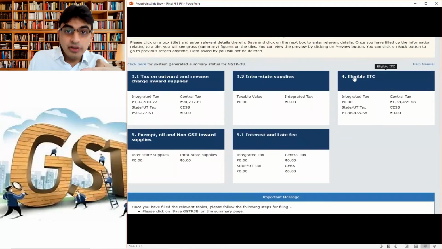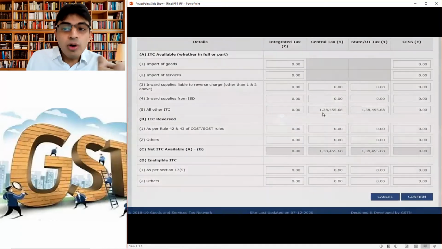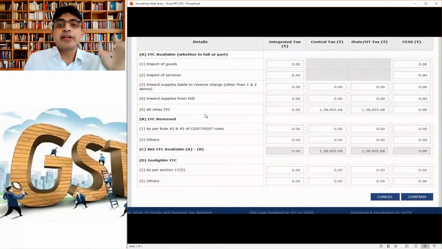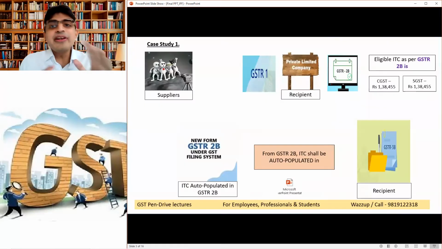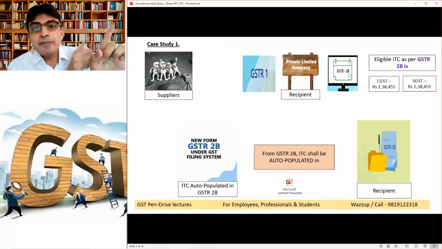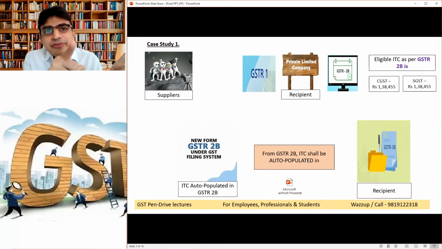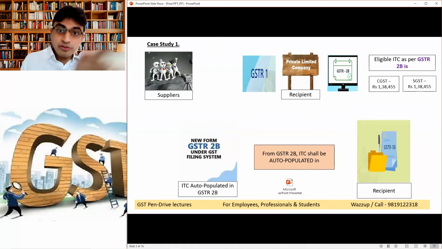You can see this is also getting auto-populated. 138,455 and 138,455. So all details are getting auto-populated. From the suppliers' GSTR1, you can verify in your GSTR2B. And from GSTR2B, it will auto-populate in your 3B. Again, you can verify. So this is how the flow of ITC works.